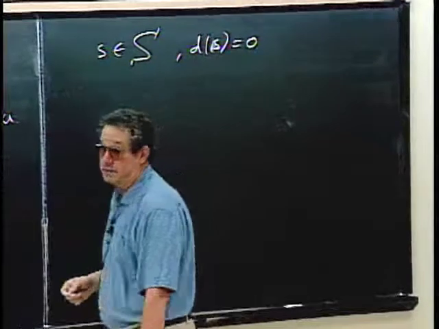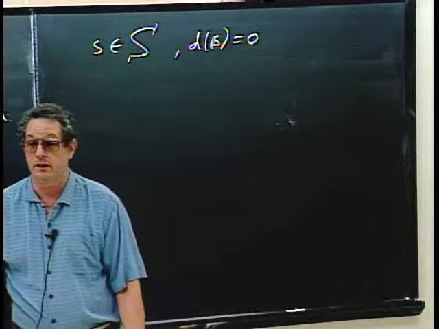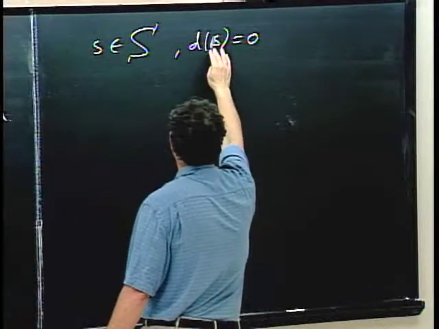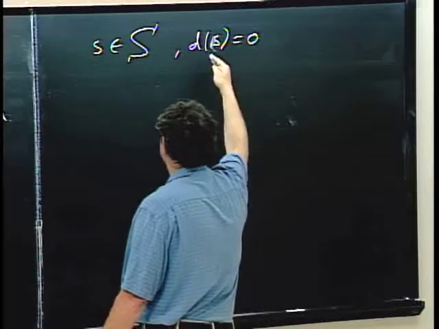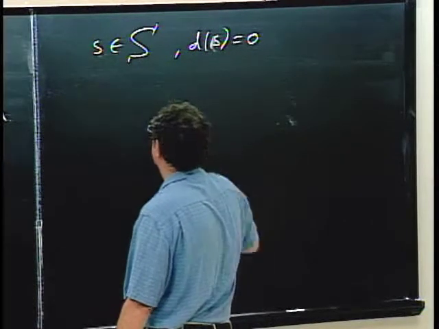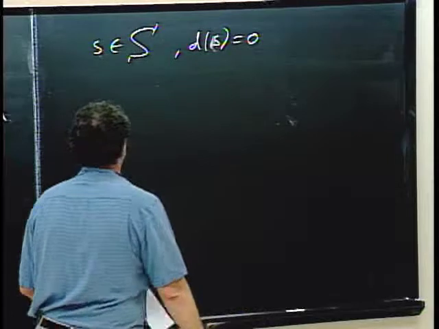Well, that's clearly correct. The distance from little s to itself is actually 0. Okay? So the algorithm starts out correctly, and little s is contained in capital S, and everybody else is outside of S.